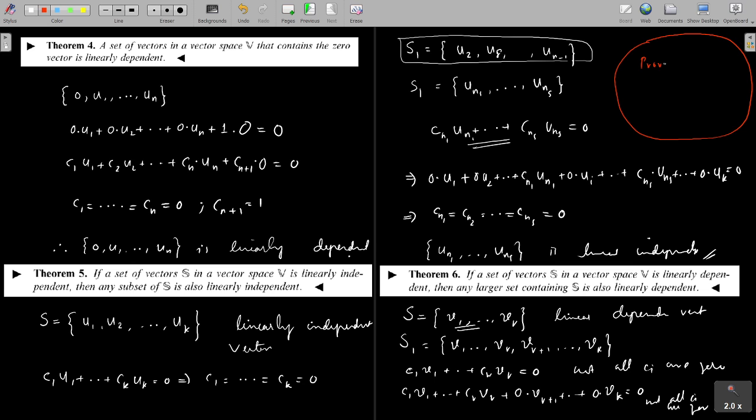Prove, or show by counterexample, that the converses of theorem 5 and 6 are not true. So find the counterexamples. This is an exercise. Find counterexamples to disprove the converses of theorem 5 and 6.